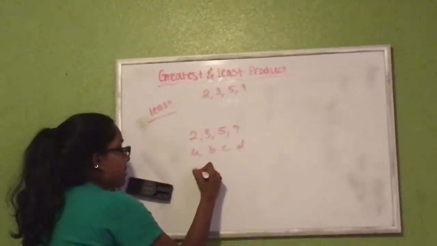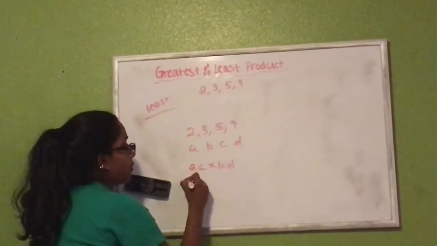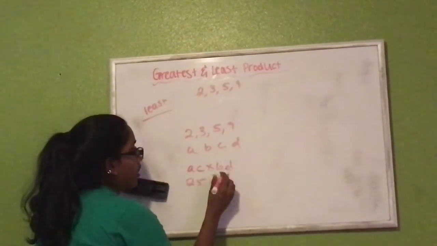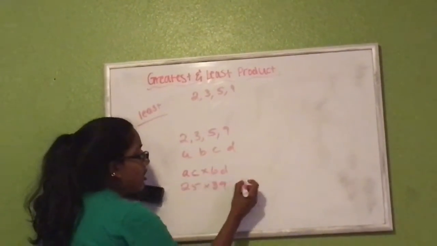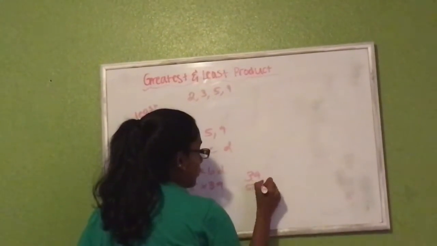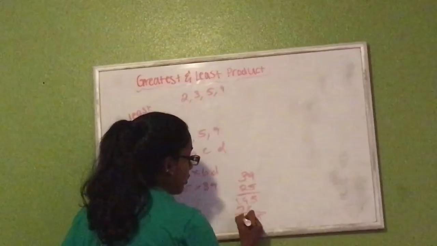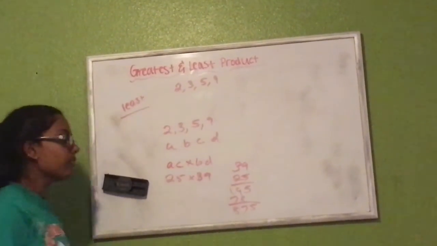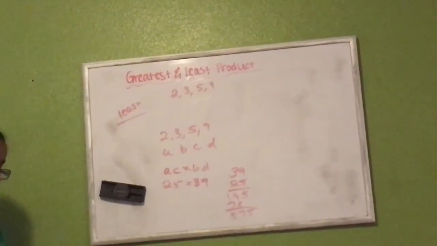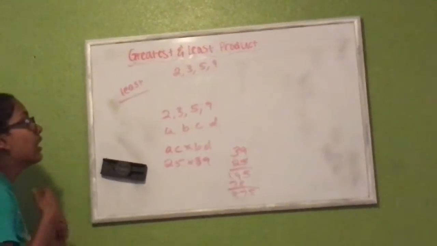Now we have AC times BD, which is 25 times 39. So that gives us 875, and that is the smallest possible product given these four digits.